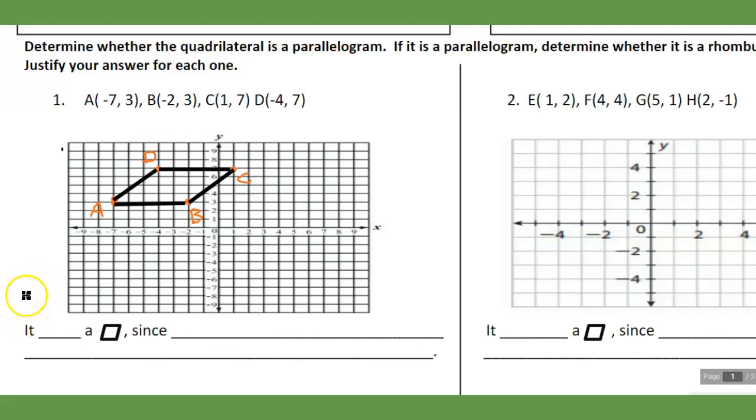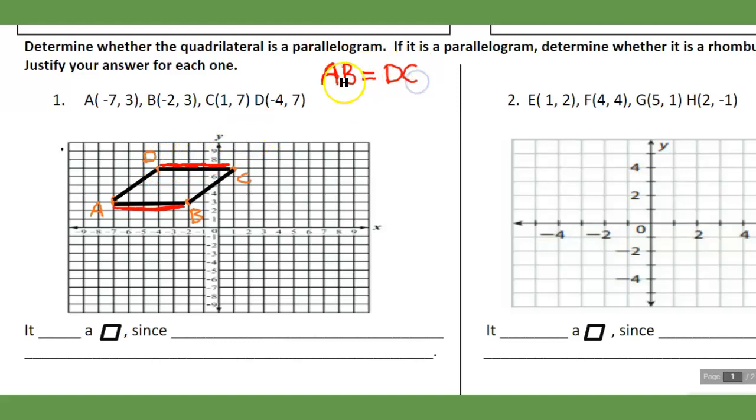Okay. So let's go back to this and start the process just like you guys practiced a few times. If we're going to show by distance formula that it's a parallelogram, we've got to show 2 pairs of congruent sides. So we've got to do, in any order really, show that AB and DC are equal.